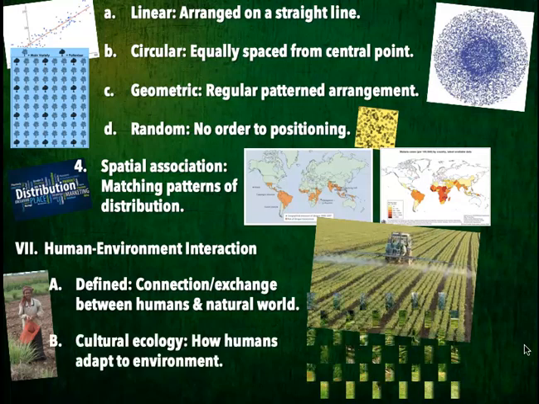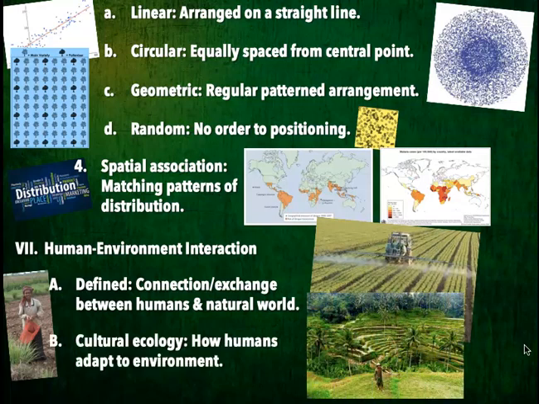All right. Cultural ecology, how humans, yeah, you got the definition. I don't need to read it to you. Think about how humans have to adapt when they end up living in a really hot climate. Think about us living in the Pacific Northwest. A couple weeks ago, I was watching a Mariners game, and in the 8th inning, it started to sprinkle on us.